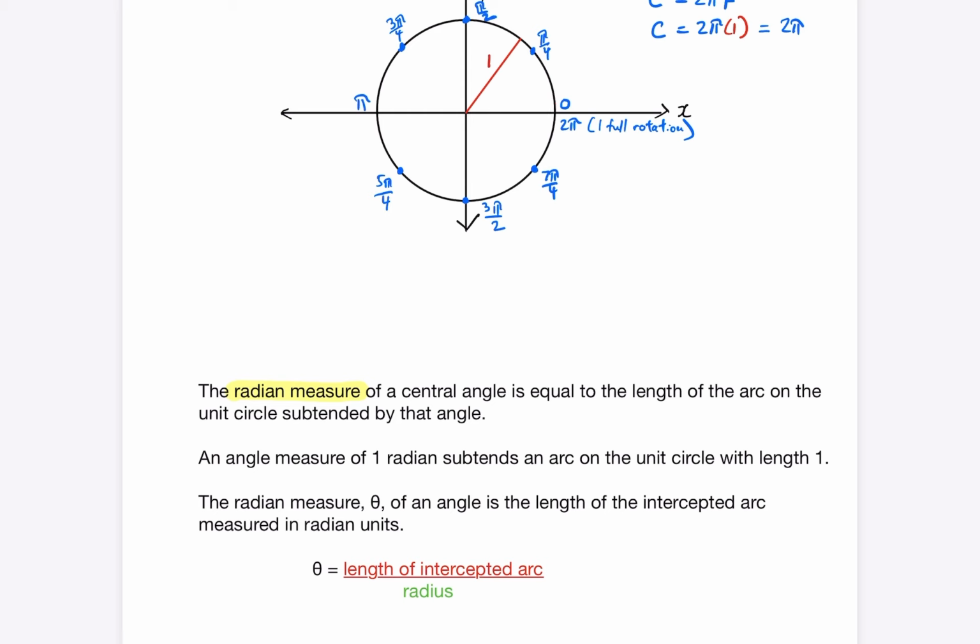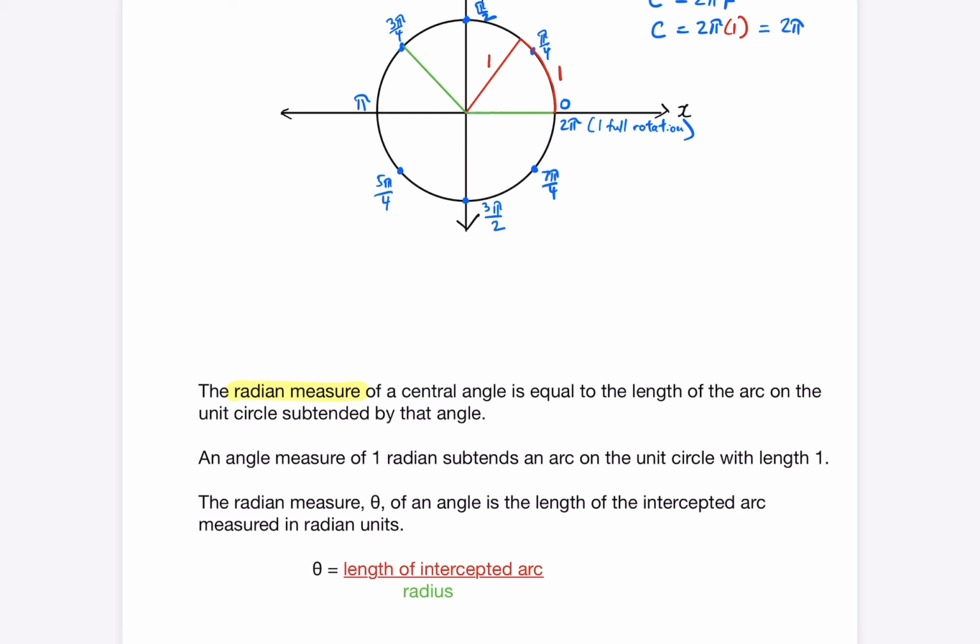So if I were to go ahead and write this down, make this red, that red is also equal to 1 because this radius is 1, and so this is also 1, okay? Now, if I were to identify another angle, let's say 3/4 pi, okay?